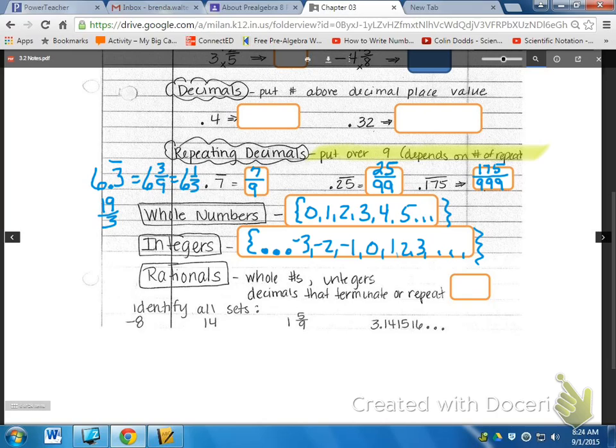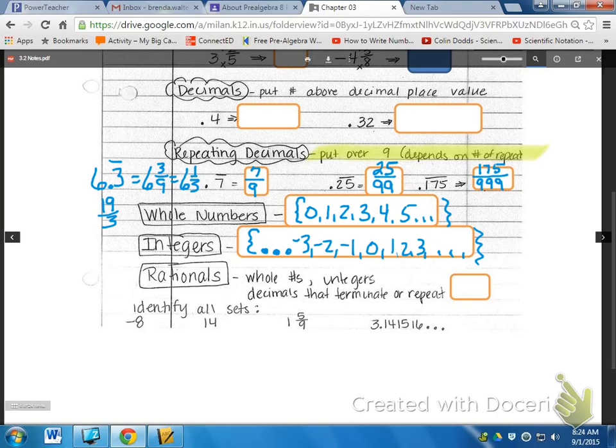Now, rational, remember, is anything that can be written as a fraction. So every number that we've looked at today is rational. But there's some that are rational that aren't whole numbers or integers.